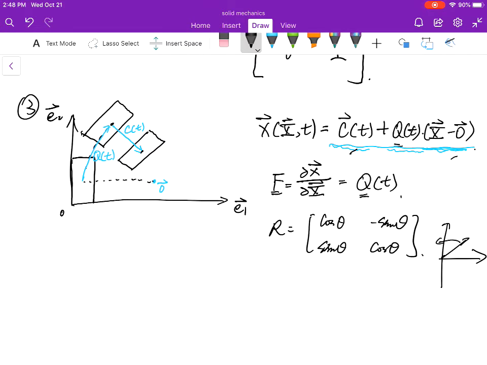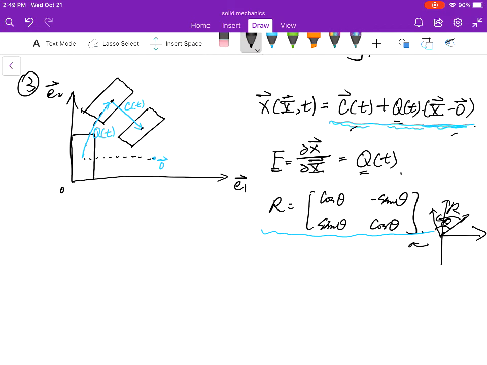If we want to rotate it to here with an angle theta, then we have the rotation matrix R in this form. But anyway, we don't need to use this here; it is just to give you an idea of what the rotation matrix looks like in the 2D case.